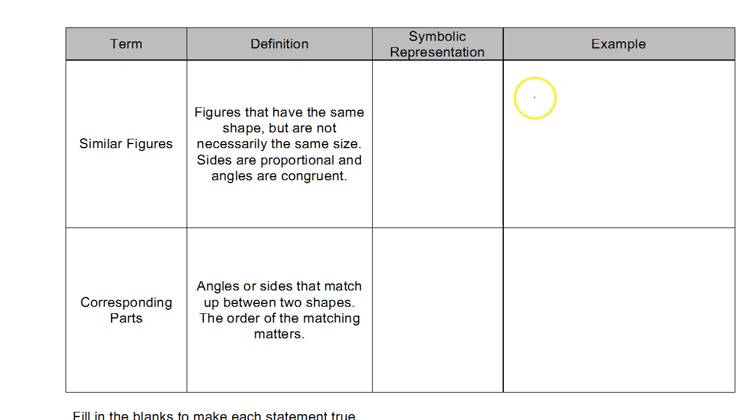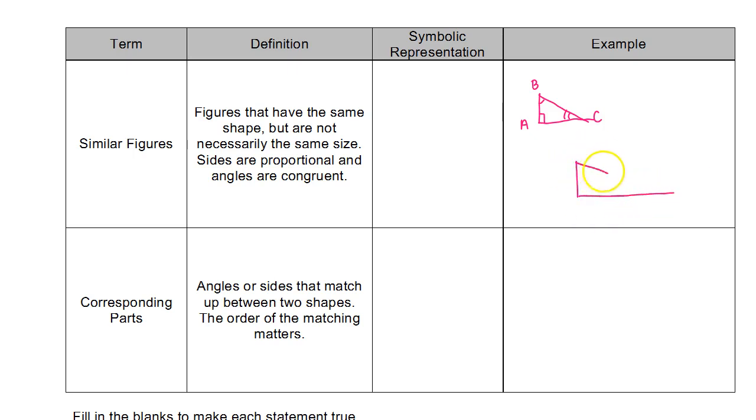So I'm going to draw an example here. I'm just going to make a real obvious, just a sketch. Whoops, that wasn't so great. And I'm going to put a right angle down here in the bottom left corner. I'm going to call this triangle ABC. I'm going to put a single arc up here in angle B and a double arc over here in angle C. And I'm going to draw a larger version of that triangle.